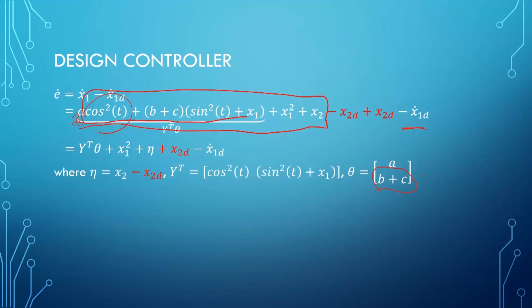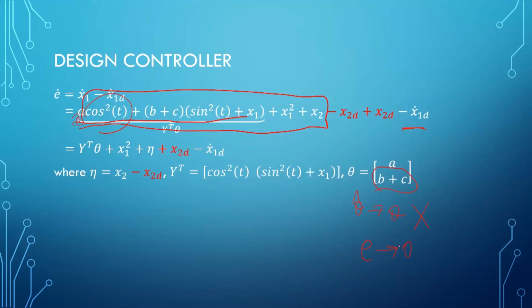Adaptive control doesn't guarantee that the estimate theta hat will converge to theta. That's not guaranteed. You only guarantee that E converges to 0 using Barbalat's lemma.